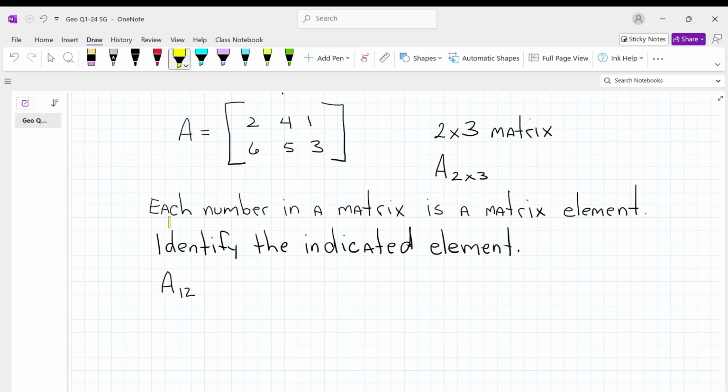If I highlight this yellow, the second column would be this element right here. It would be 4.